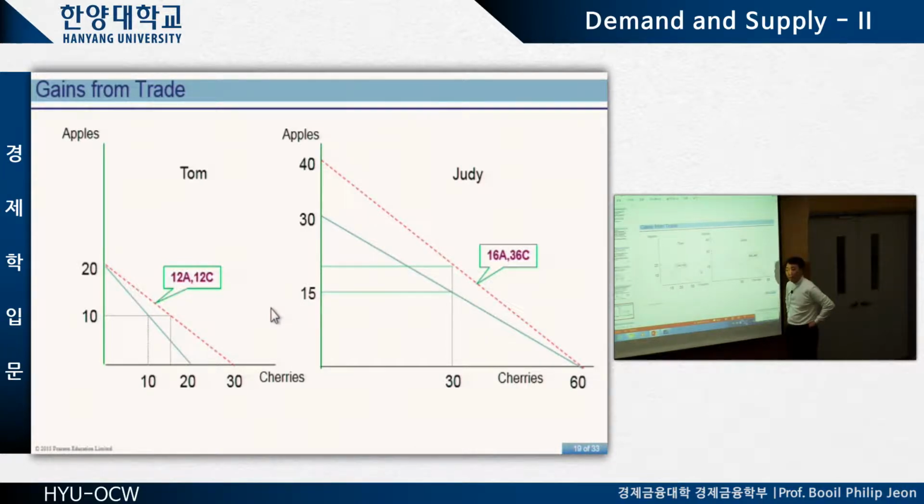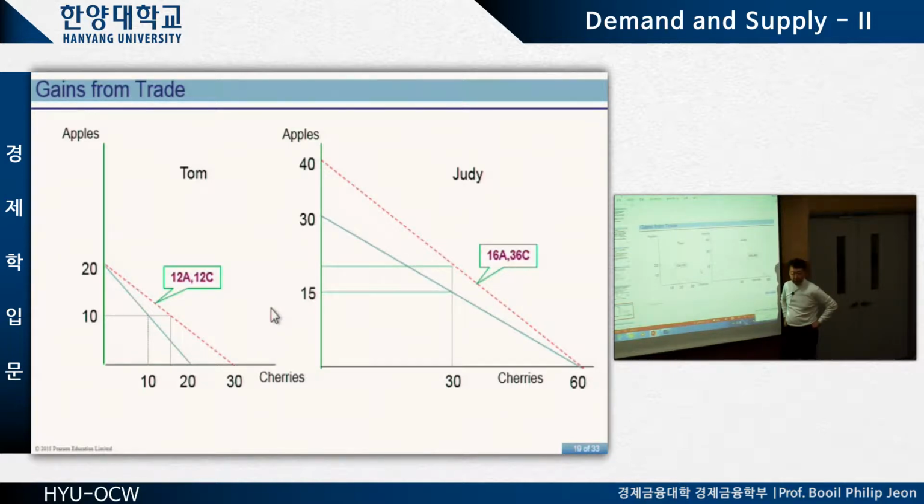But the question there was, if the maximum number of apples that Tom can produce was only 20, and Tom specializes in apples, Judy specializes in cherries, then how can 40 apples be available to Judy? We're saying any combination on this red dotted line or below is attainable to Judy, right?